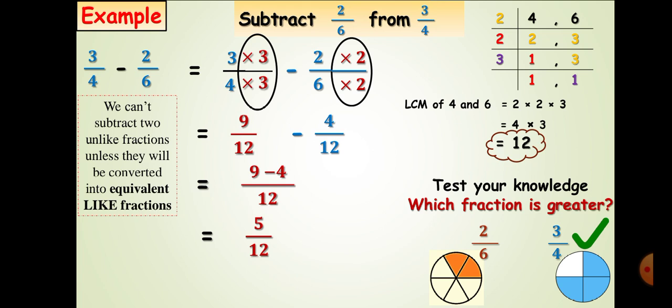We take the LCM of 4 and 6, that is 12. So 3/4 is multiplied by 3, and 2/6 is multiplied by 2. I get 9/12 minus 4/12. Now denominators are the same, subtract the numerators, 9 minus 4, which gives me 5/12. That is the answer, it's in simplest form, and it's also a proper fraction.